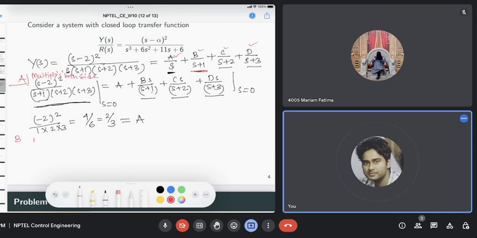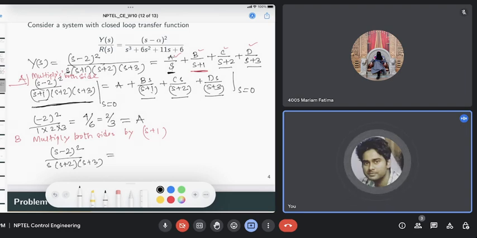So multiply both sides by the s plus 1 term. Then left hand side will be what? S minus 2 whole square. S will be there, s plus 1 will cancel, so we will have s plus 2 and s plus 3.